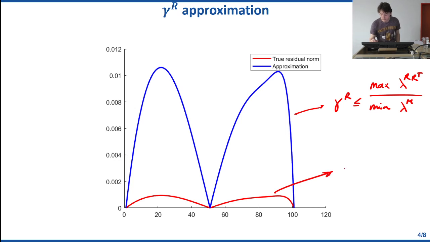And this is the real gamma R. We see that by making our approximation for gamma R, which is actually the norm of the residual, we introduce an error that is, well, close to a factor of 10, right? So that approximation is already introducing an order of magnitude mismatch between our estimate and the real error. So that's something that we want to improve upon.